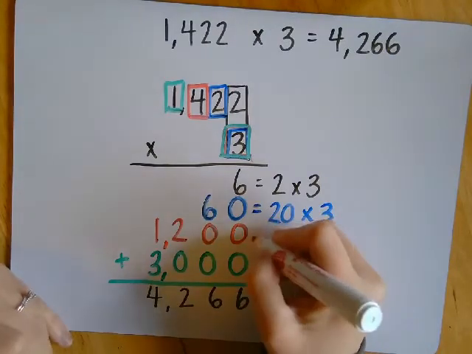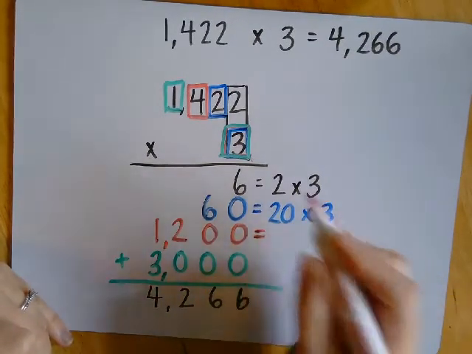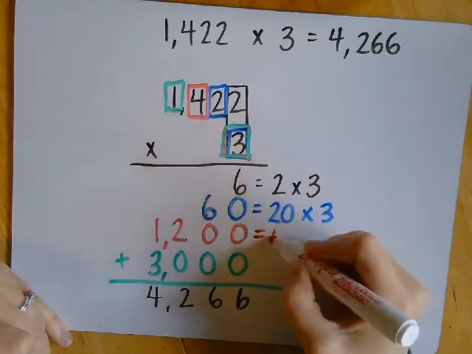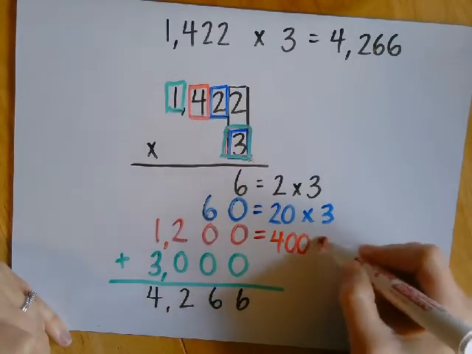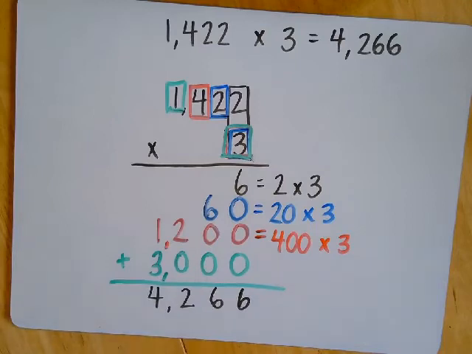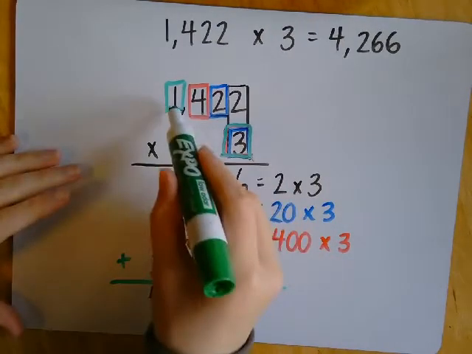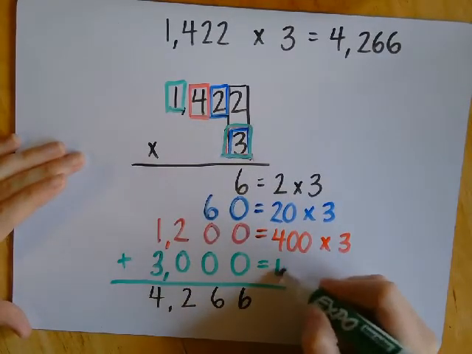I got 1,200 by multiplying 400 times 3. And I got 3,000 by multiplying 1,000 times 3.